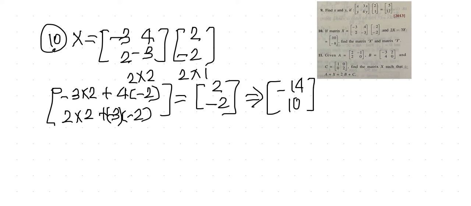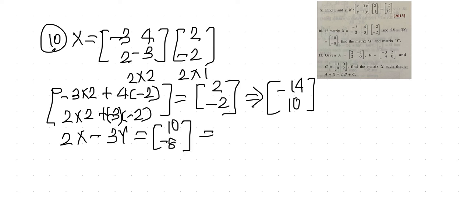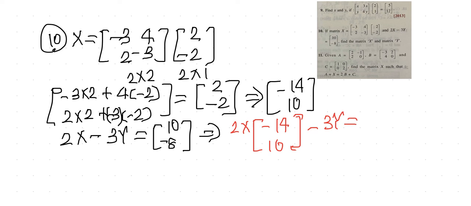Now what is my condition? My condition is 2x minus 3y is equal to 10 and minus 8. So this will imply what, children? In place of x, write down the matrix X. So write down 2 into minus 14, 10 is equal to minus 3y, of course, 10 and minus 8.